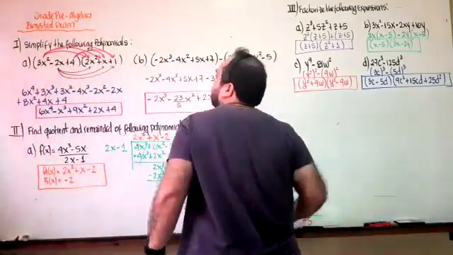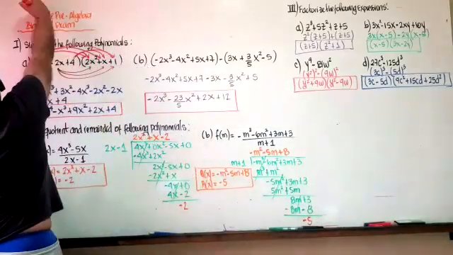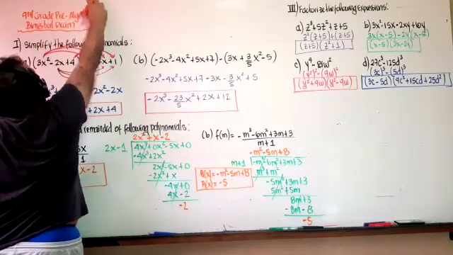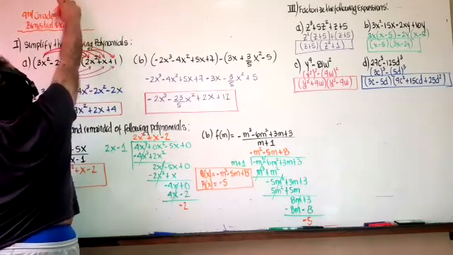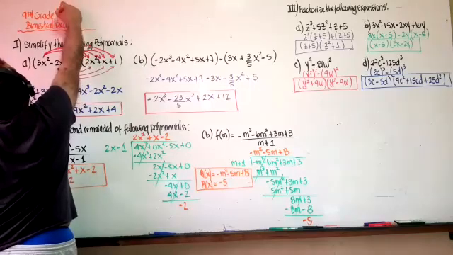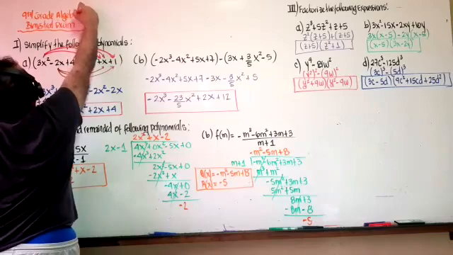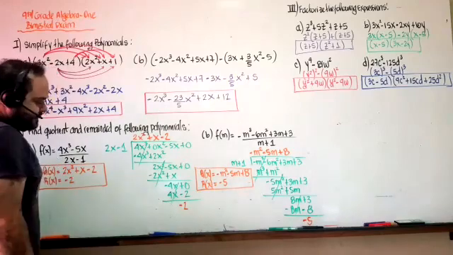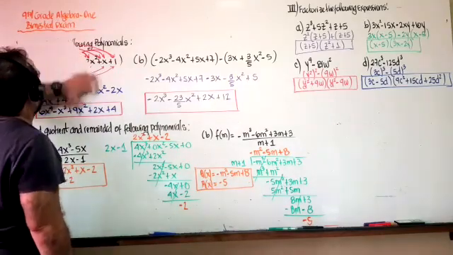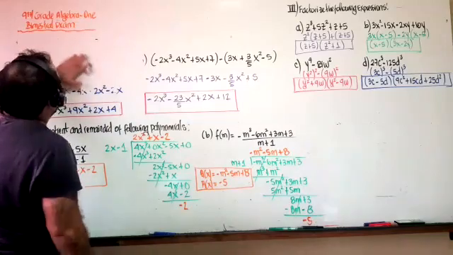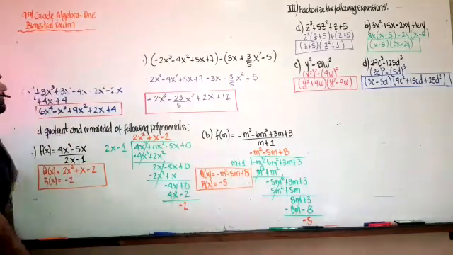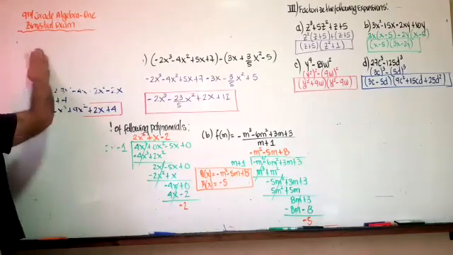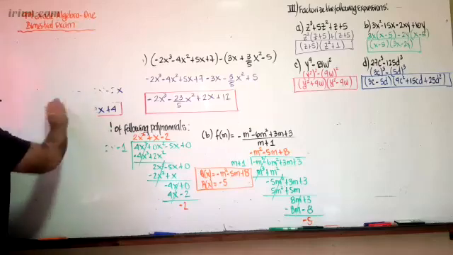This is ninth grade. Ninth grade, this is Algebra 1. Algebra 1 bimestral exam. Okay, we need to erase this part of the whiteboard because this does not belong to your bimestral exam. Just hold on a second.